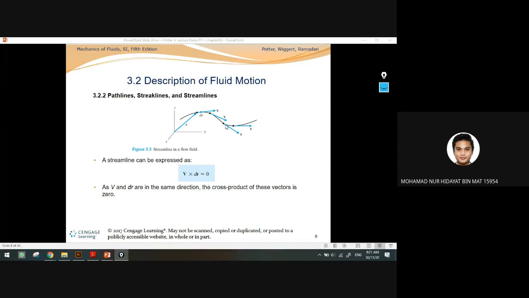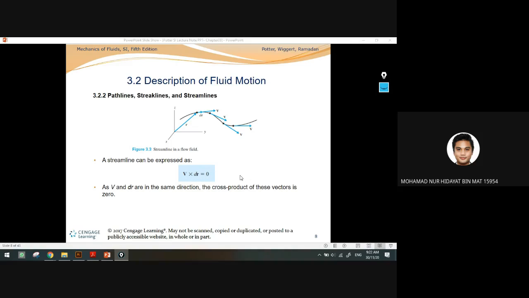It will be like this. This is what we call the streamline. In the streamline, we have the formula, which is the velocity cross product dr equal to 0.